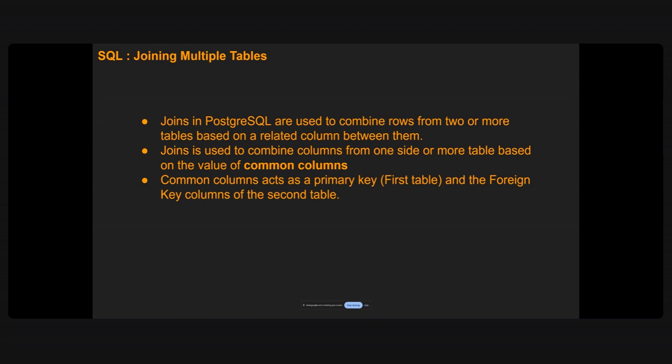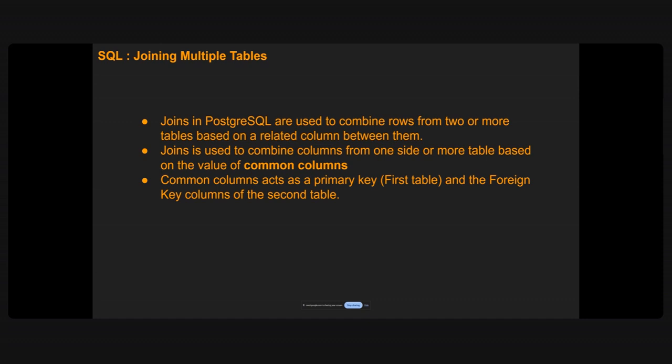If you see in real databases, data is normalized. What do you mean by normalized? The entire data is split into tables, like employee data, HR data, department data, performance data, and so on. We call it normalized because we split it into multiple tables.